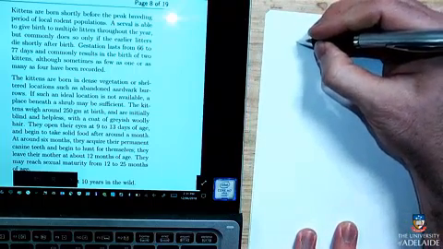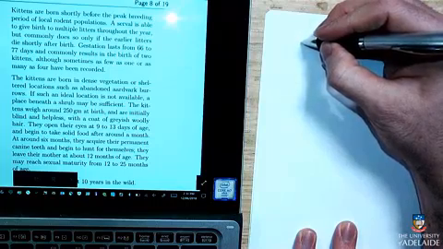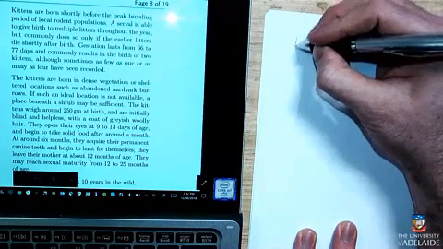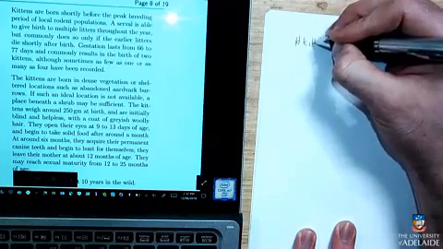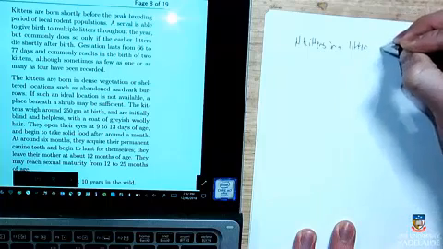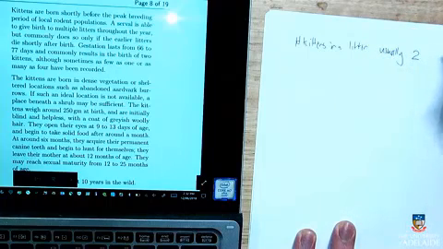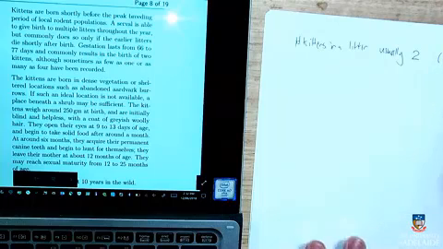So, number of kittens in a litter, usually 2, but could be from 1 to 4. Not sure if this gestation period is going to be helpful. What was time measured in?